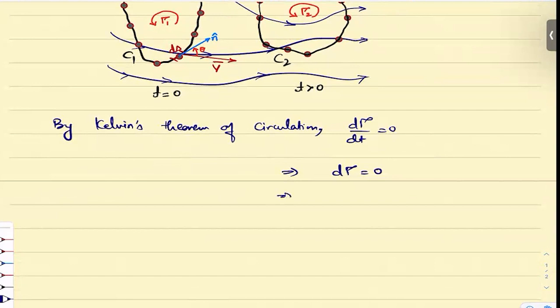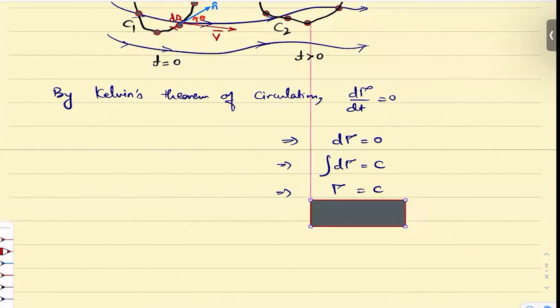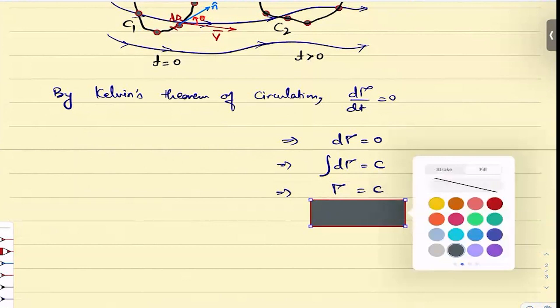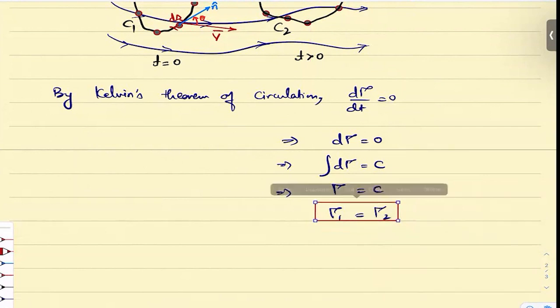If I integrate this, it will become C. So gamma equals constant. So what I can say, gamma 1 should be equal to gamma 2. Bracket it. Everybody do that. Call this equation number 2. Can I go ahead?